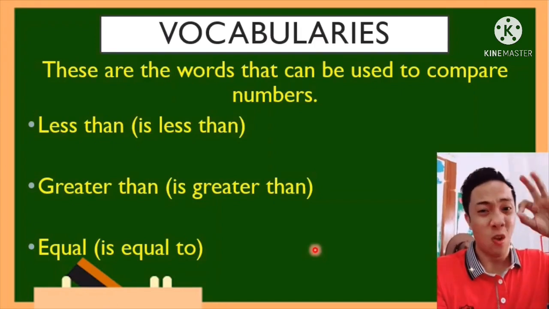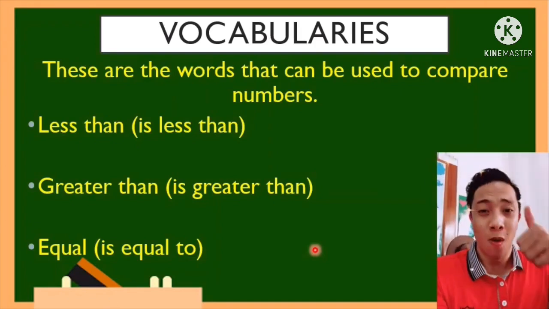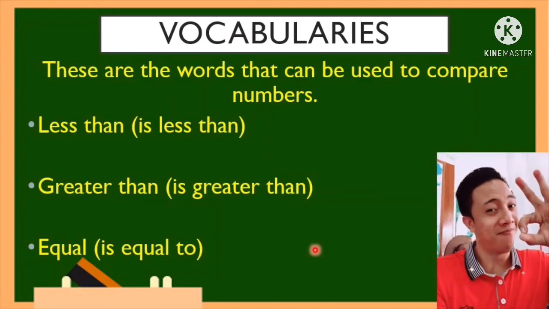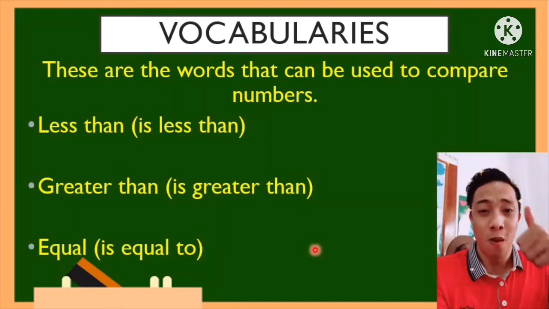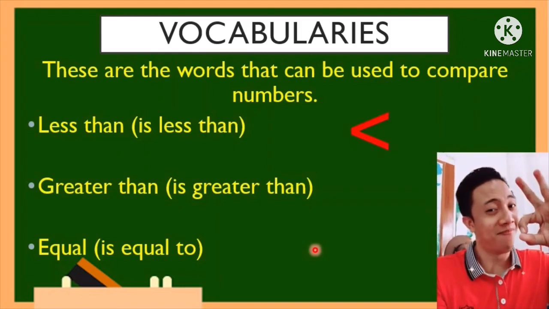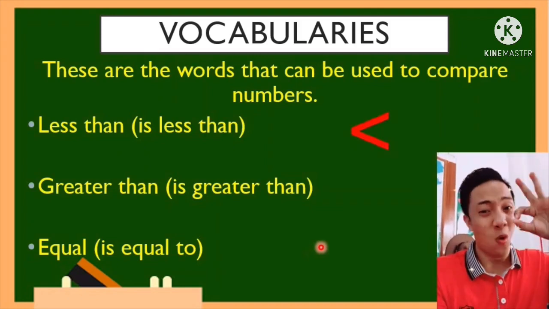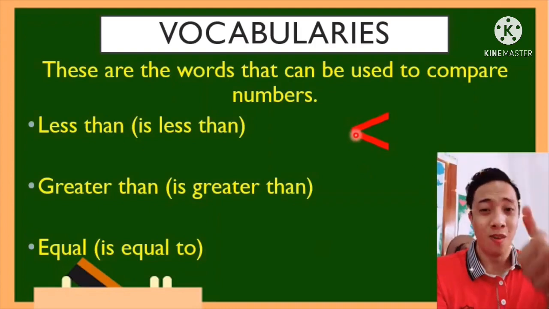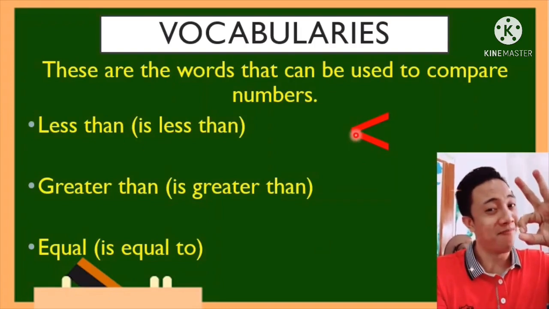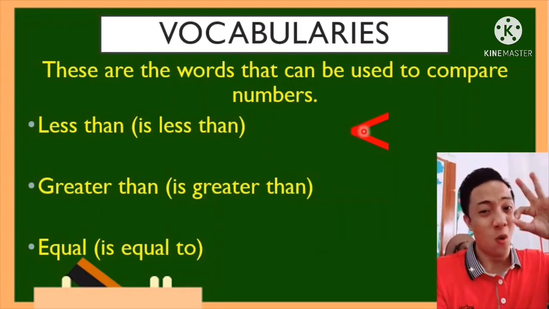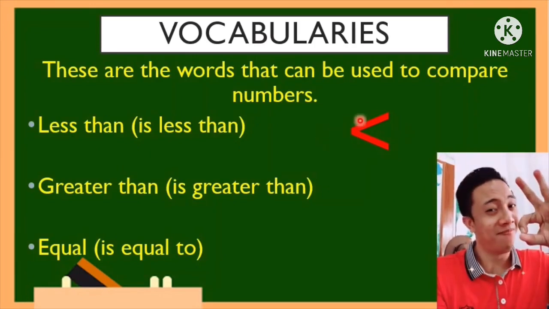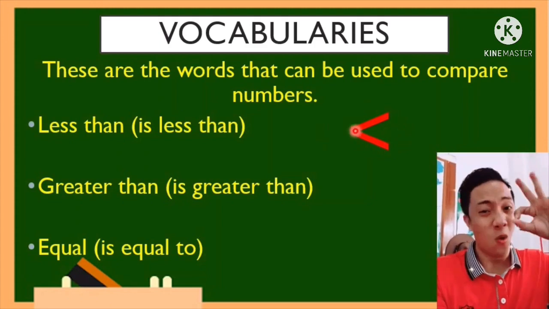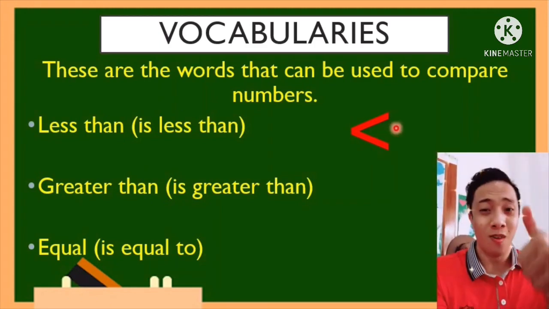Okay? Now, let us find out again the symbols of each vocabulary that we've learned last time. The symbol for less than is just like this. If I will describe the symbol, this is from close to open. Or from small to big.